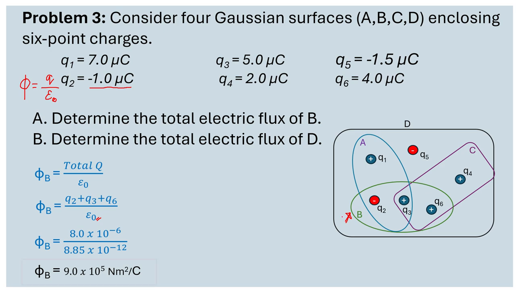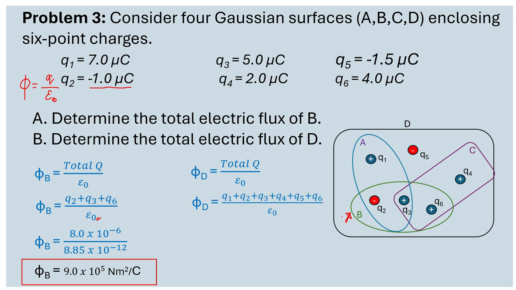What we're going to do is the same thing. The electric flux of container D, or Gaussian surface D, is the total of the charges inside Gaussian surface D divided by the permittivity. That's it. You now get the electric flux inside Gaussian surface D.